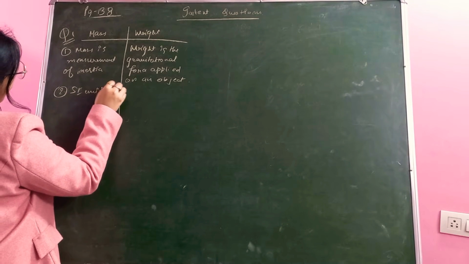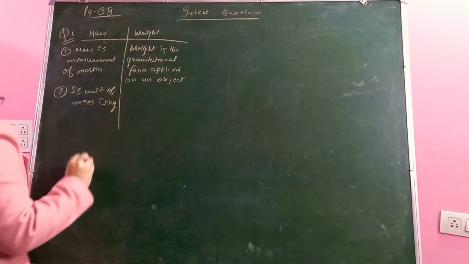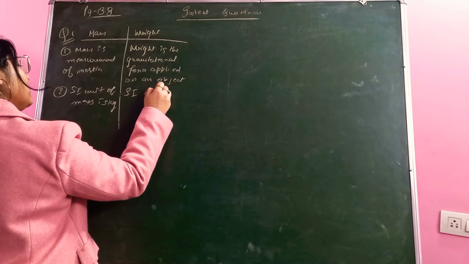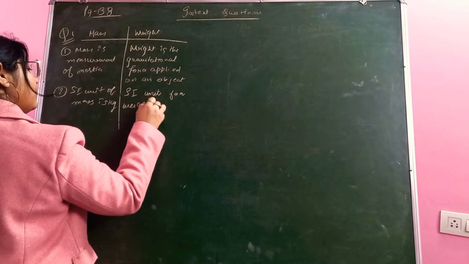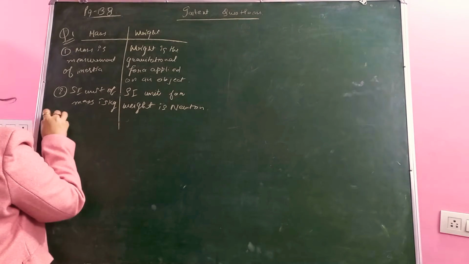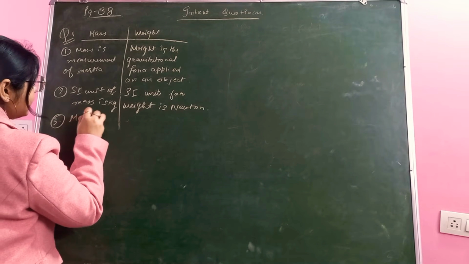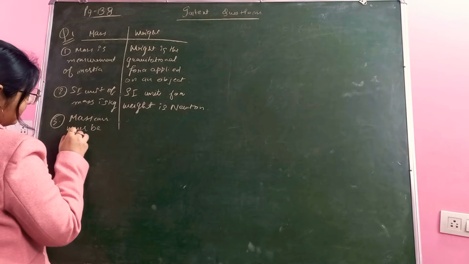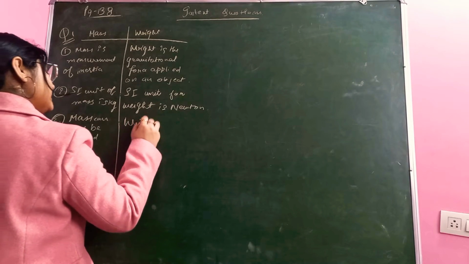Kg. And SI unit for weight is what? It is Newton. Correct? What else? Mass is constant. Mass can never be changed. Right? But weight varies from place to place.